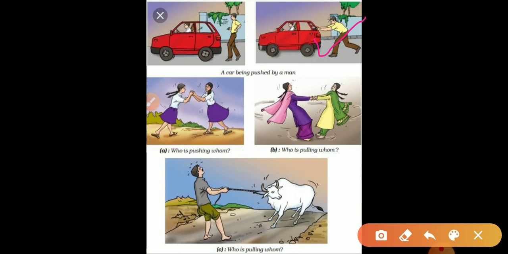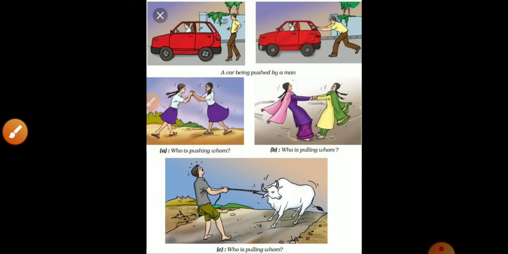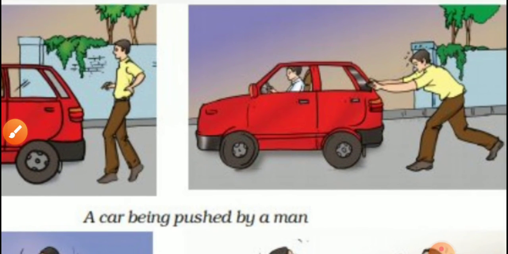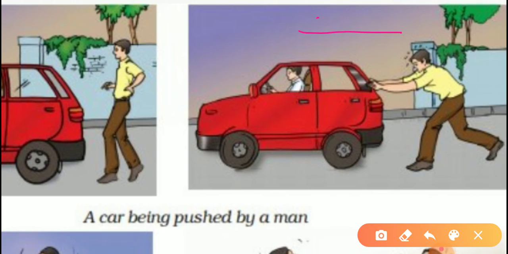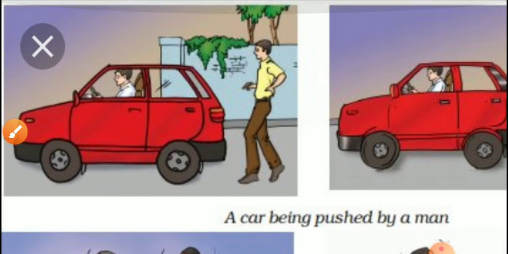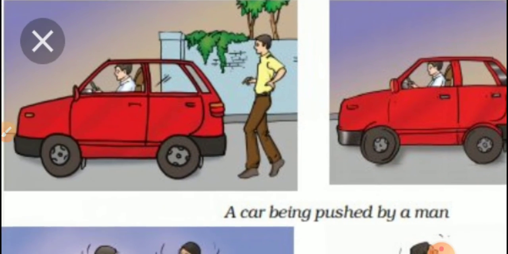See here in this example, this car is pulled by the man. This man is applying force in this direction and the car is moving forward. So there is contact between the man and the car. That is a contact force. And the result is that the car is moving now. It gets started.